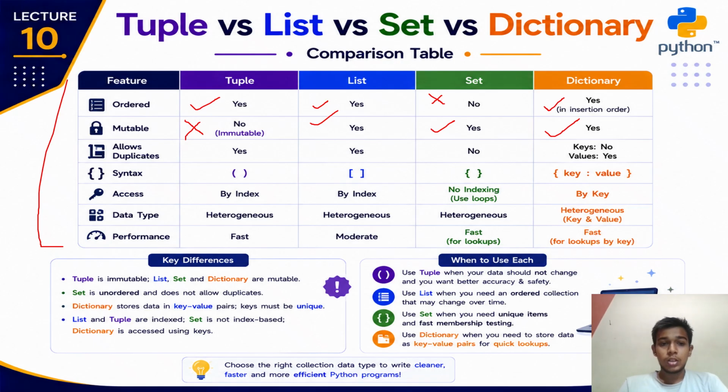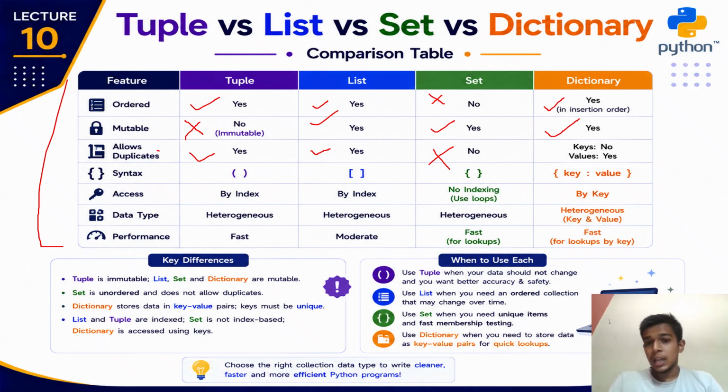Now let's talk about which of these collections allows duplicate values. A tuple allows duplicate values, and a list also allows duplicate values, but sets don't allow duplicate values. Python automatically removes them.